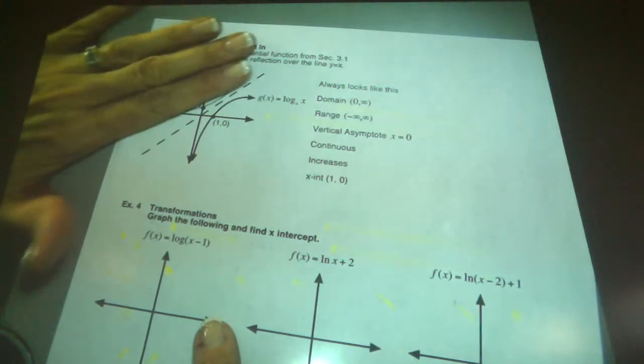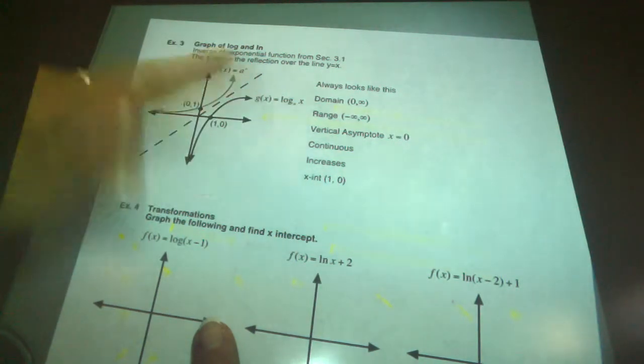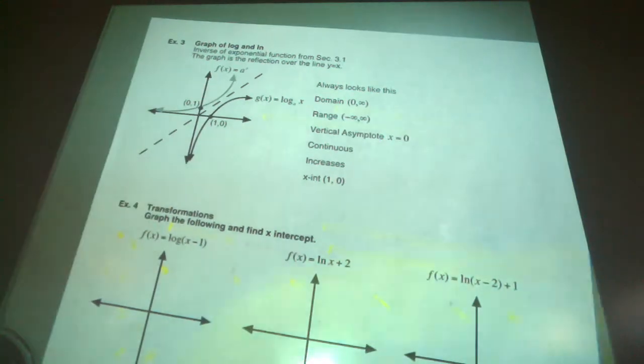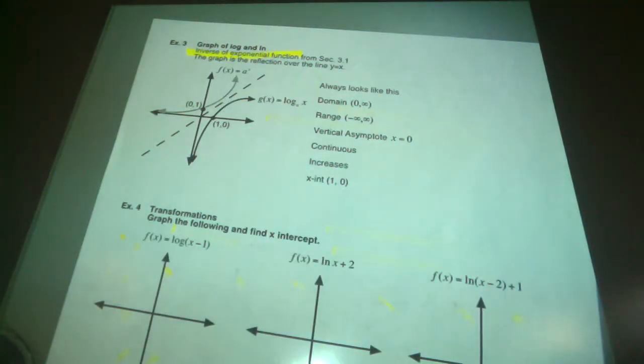But then we learned that we can take this and convert it to log form or vice versa. These two are inverses of each other. So the exponential form and the log are inverses to each other. And they were reflected across this line.